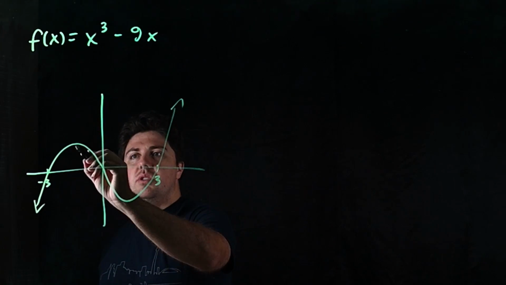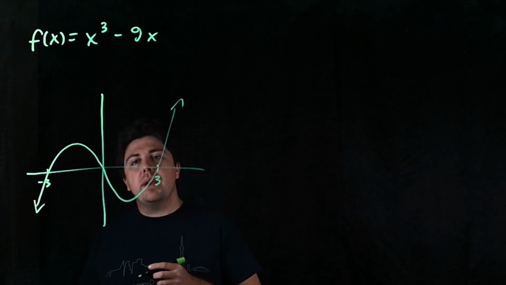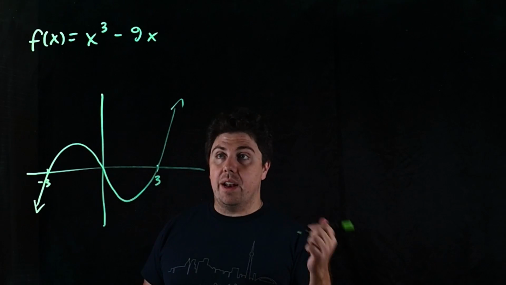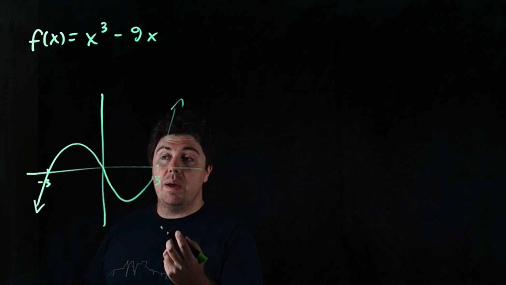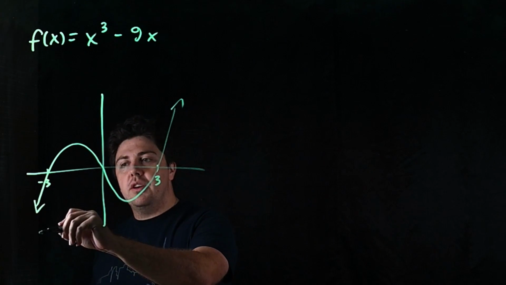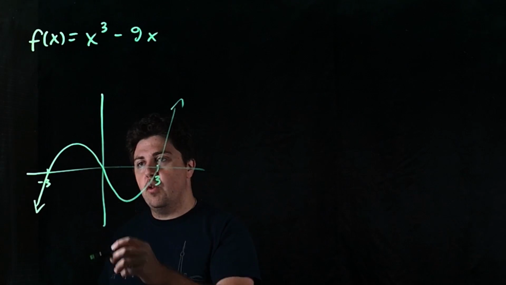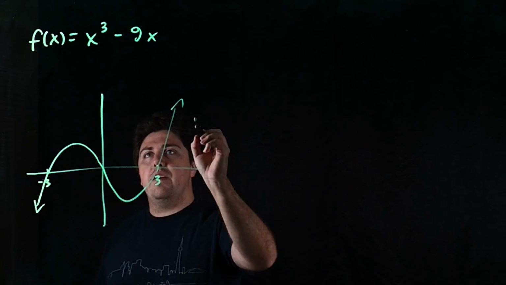And we know that these local extrema occur at root 3 and minus root 3. Because we now have the language for it, this part over here is concave down, and this part over here is concave up.